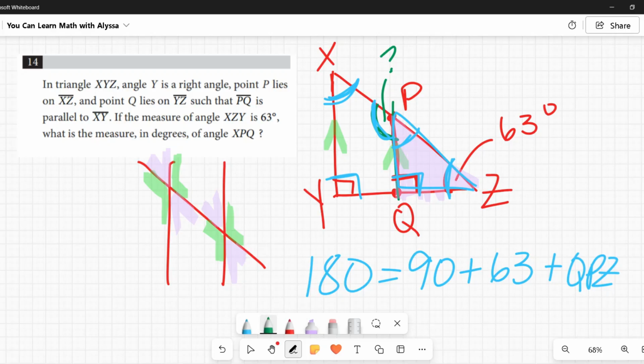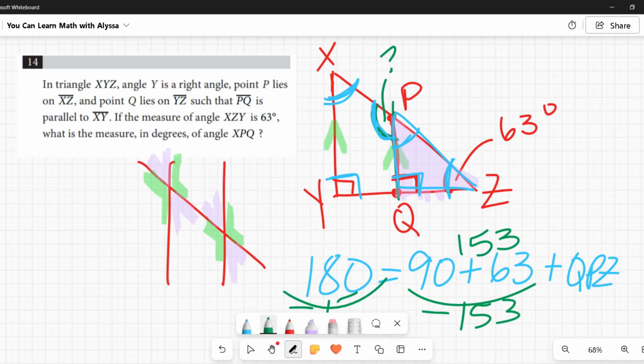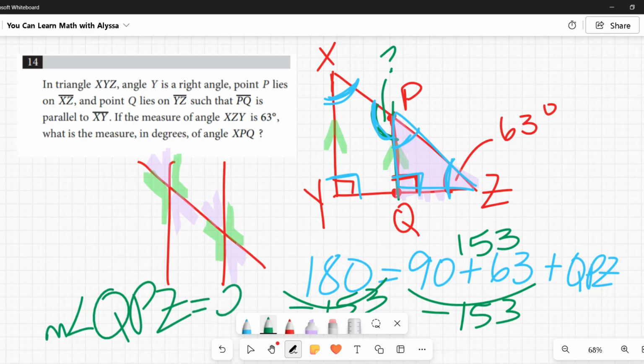When I subtract 90 and 63 from 180, 90 and 63 together is 153, and I subtract that 153 from both sides, I am left with angle QPZ. And now I know that the measure of angle QPZ is 27. So now I know right here, this is 27.